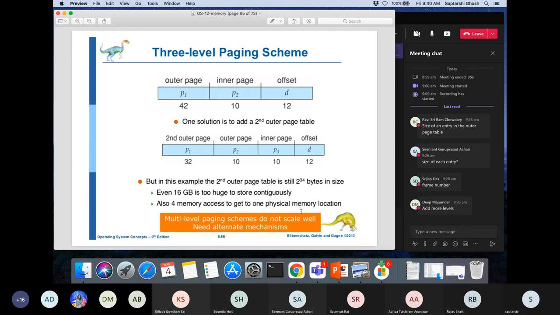So this kind of hierarchical page tables are still used, but in systems which allow really large logical address spaces, some other mechanisms have started to be used. That is what we are going to discuss, and they will be simpler.